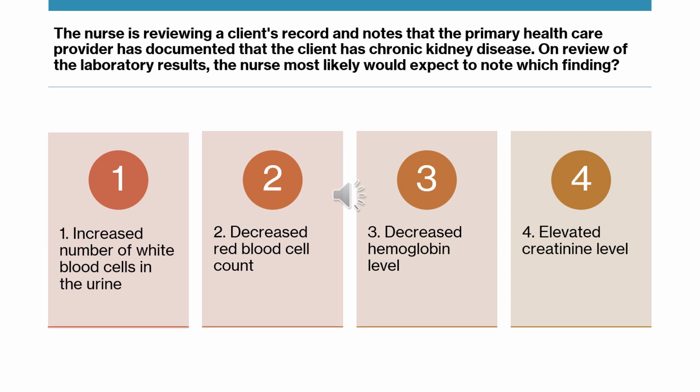If a person has chronic kidney disease, their kidney function is probably going to be decreased. So you're going to see an elevated creatinine level, because an increased creatinine level would be an indicator that they had decreased kidney function. All right, so that would be our response, elevated creatinine level.